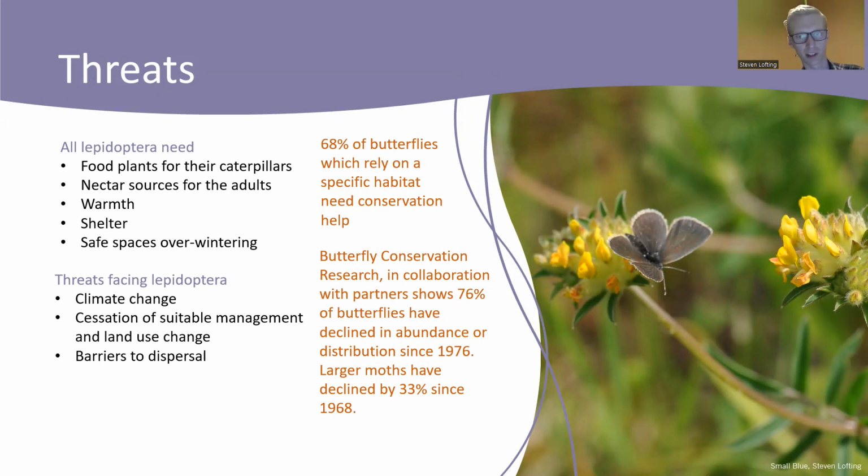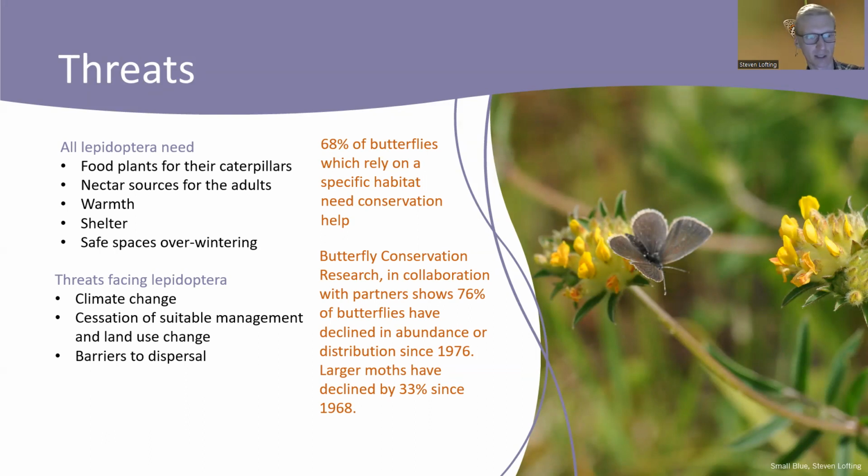One is climate change. Climate change is a double-edged sword. It is helping some species that are at the far north of their range, but it is also taking away from others that cannot cope in those conditions. You've also got the cessation of suitable management and land use change.